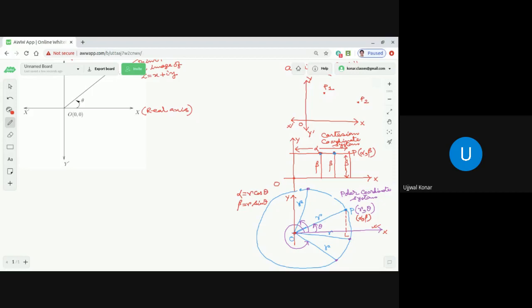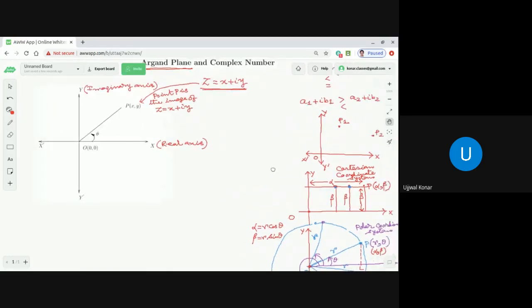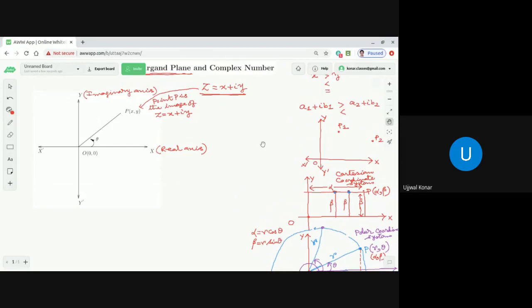So dear students, what I did, actually, I made a very basic and initial discussion about the Cartesian and polar coordinate systems. We will discuss all these things in detail later, but let's now come back to our Argand plane. So we now clearly understood why it is important to represent a complex number which is there in the algebraic form.